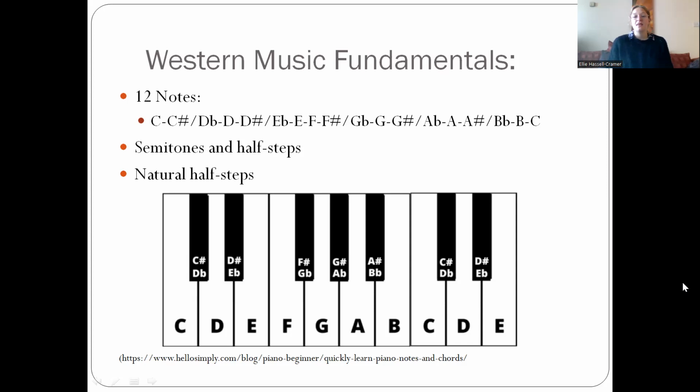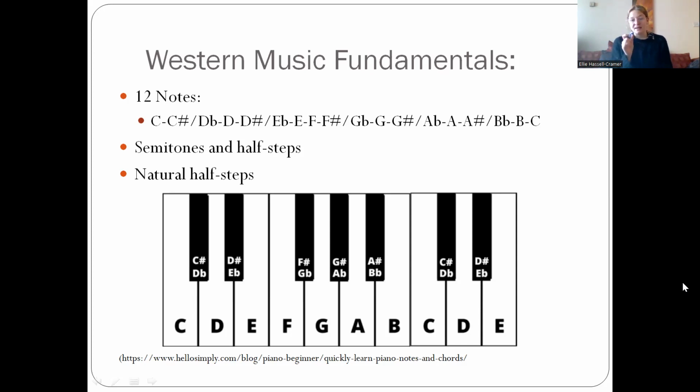I've included a visual aid below of a piano keyboard. On a piano keyboard, there are 88 keys in which these notes are repeated multiple times. So if you look at the visual aid, there's a set of 2 black keys, then a set of 3 black keys, and then another set of 2. This pattern is repeated throughout the keyboard.